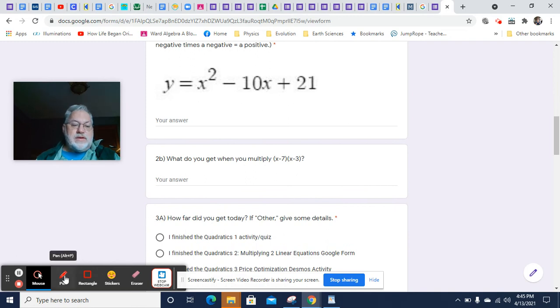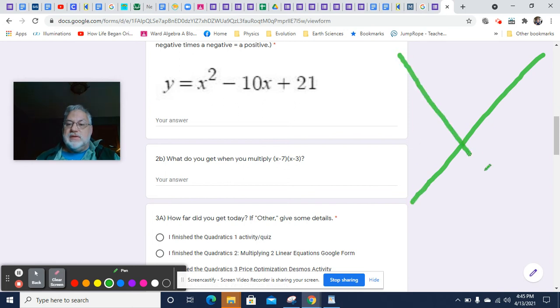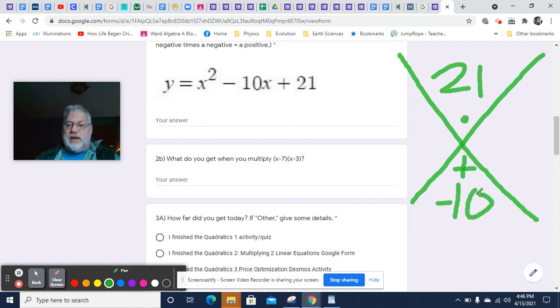What are two factors? Pick a different color. Red's a little jarring sometimes. So we want two factors of 21, so we're multiplying here, that add up to negative 10. Well, you might be thinking, how the heck are we going to get factors of 21 that add up to a negative number?